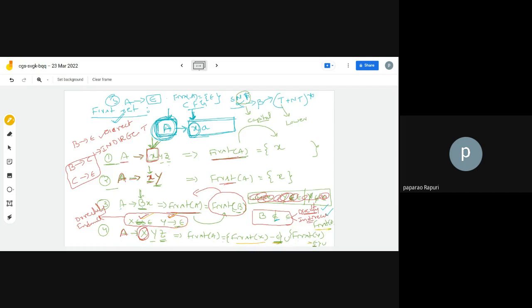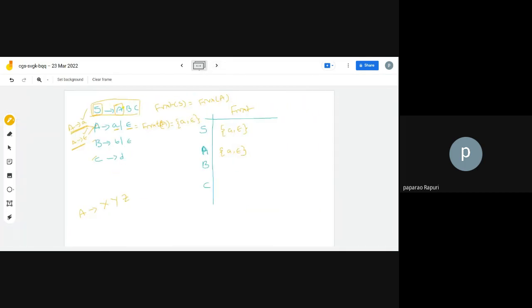That's why we have taken first of Z. In the same manner, here also we need to write first of S is equal to first of A minus epsilon, because A is producing epsilon, union first set of B minus epsilon, because B is also producing epsilon, union first set of C. Here we get only the first set of A. We didn't get the first set of B and first set of C.